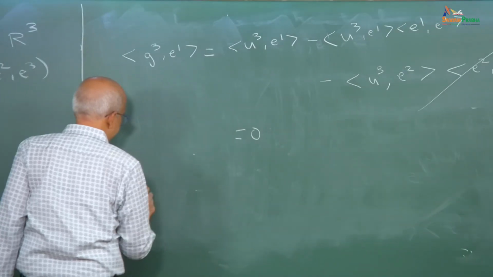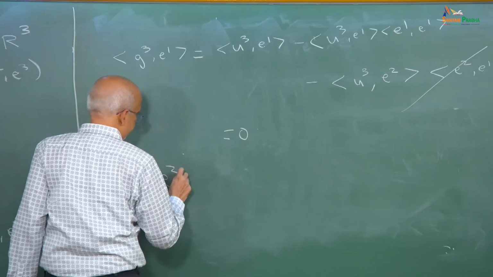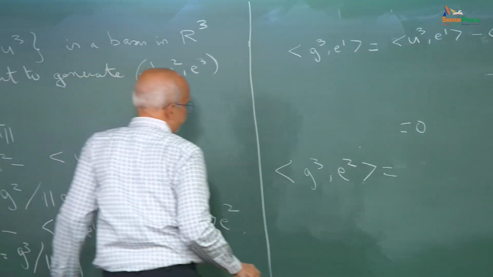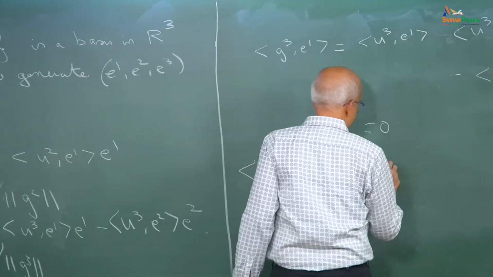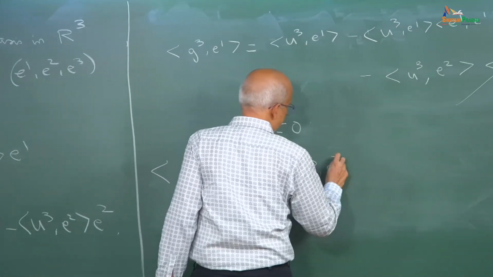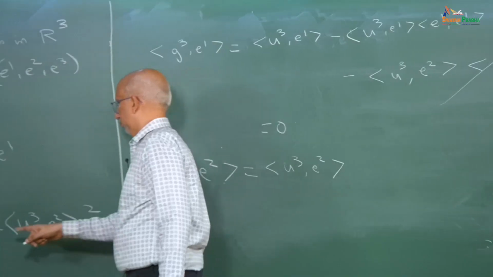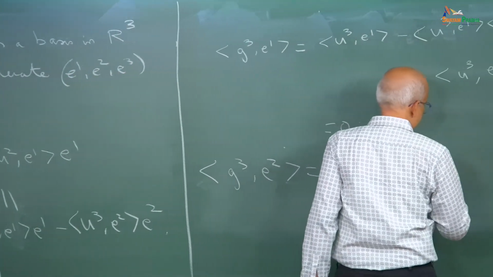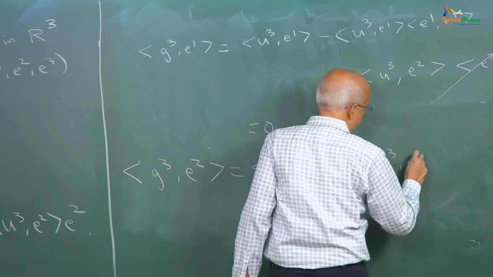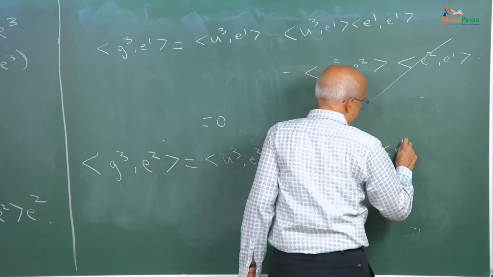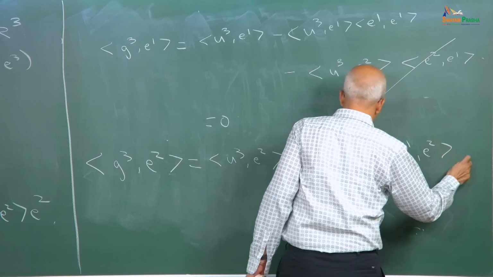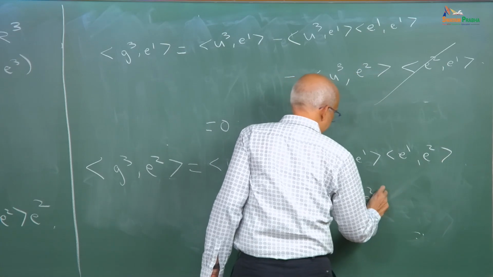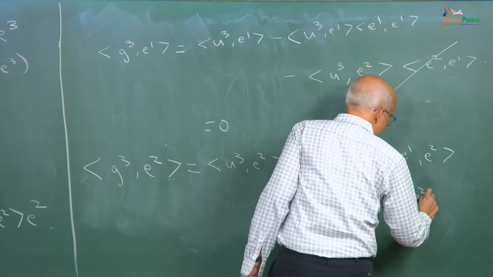Similarly, inner product of G3 with E2 will be inner product of U3 with E2 minus inner product of U3 with E1 times E1 with E2 minus inner product of U3 with E2 times E2 with E2.